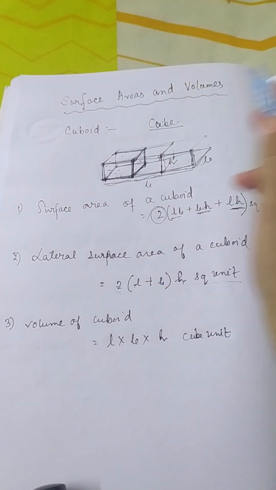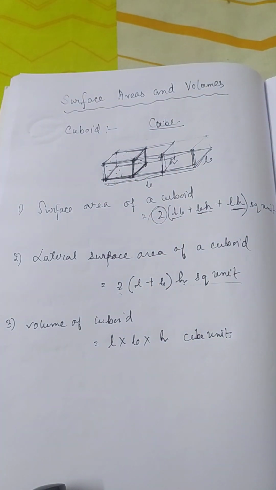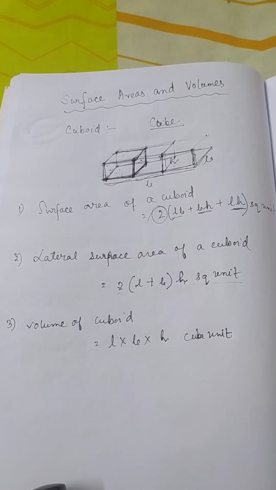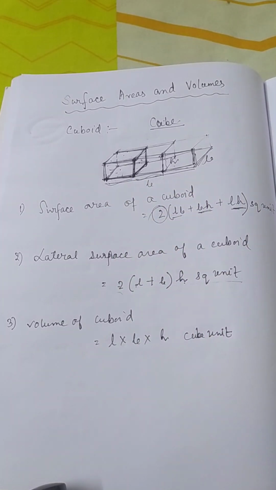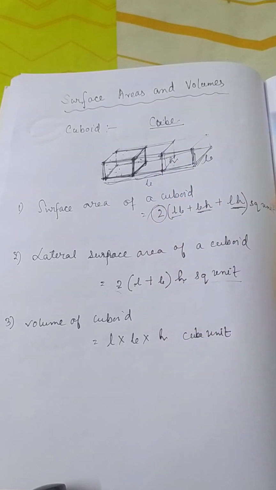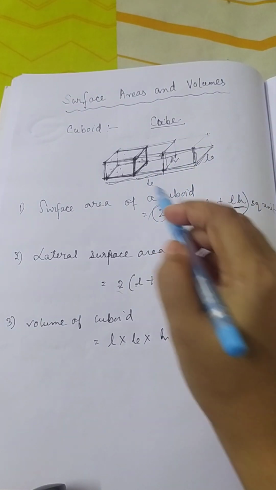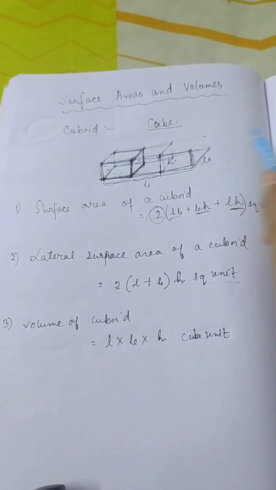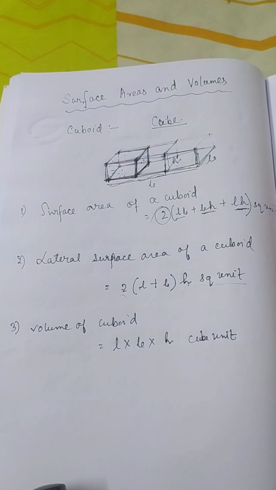So if you look at the character of a cuboid, you will see that whenever two or more cubes are arranged horizontally or vertically, here it is shown as a horizontal arrangement of three different cubes, we will get a three-dimensional structure which is known as a cuboid.